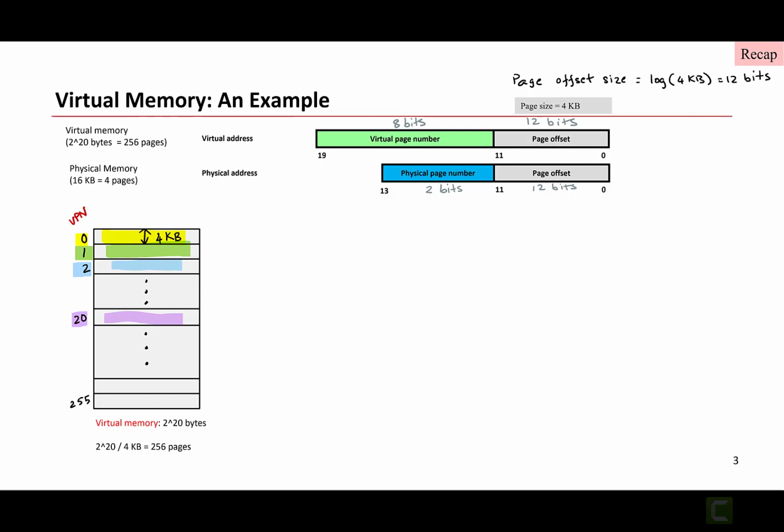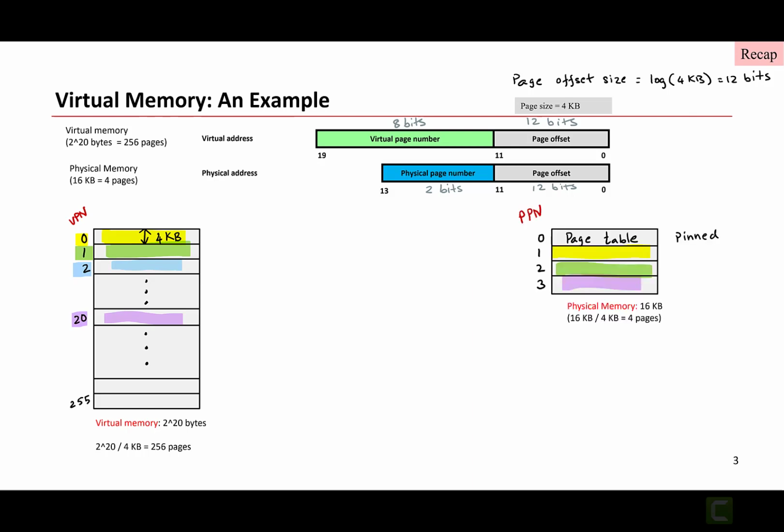From a programmer's point of view, which is defined by your ISA, in this example, the programmer gets to see 2 to the power of 20 bytes of memory locations, and that is because the virtual address is of size 20 bits. The physical memory, like we talked about, is defined by the computing system that you have. So your physical main memory may be much smaller than your virtual memory. In this example, it has only 16 kilobytes.